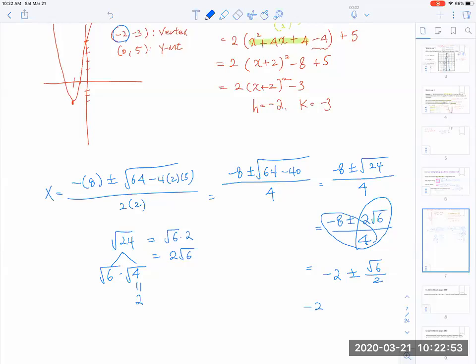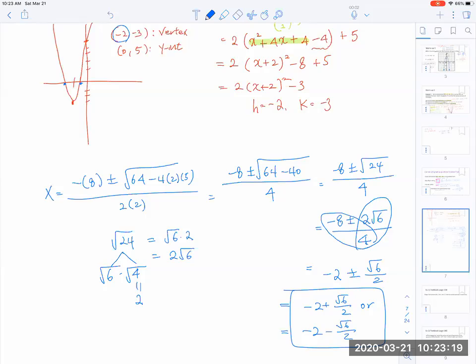Again, -2 plus radical 6 over 2, or -2 minus radical 6 over 2. So that's going to be your x-intercept. You can calculate it, it's going to be a small decimal. So those numbers are going to be here. So this is how you find the x-intercept, unless you cannot factor.